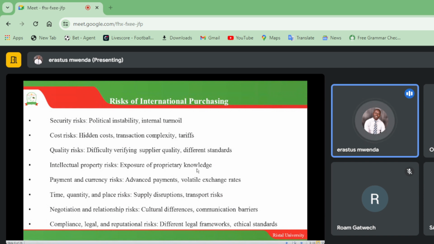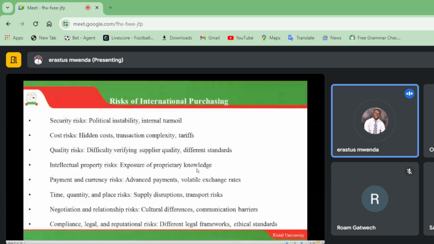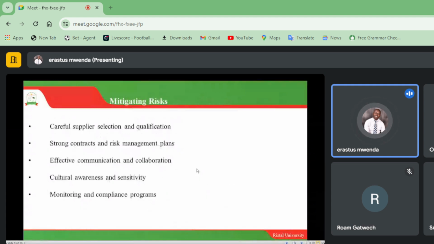Now, mitigating risks. This is simply meant to answer the question of how do we deal with the risks that we have just mentioned here. Number one, we need to do careful supplier selection and qualifications. If we want to import a particular item, how many suppliers do you have at your disposal? And we also make sure that they are qualified.